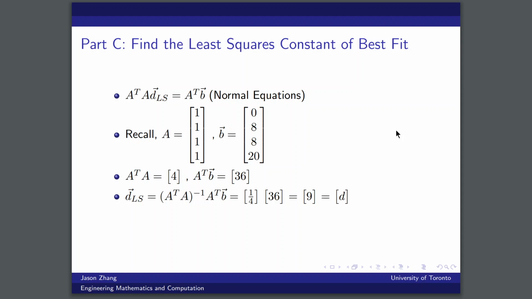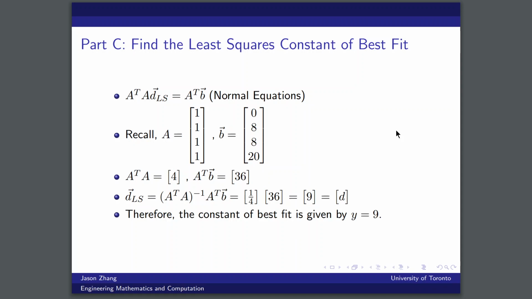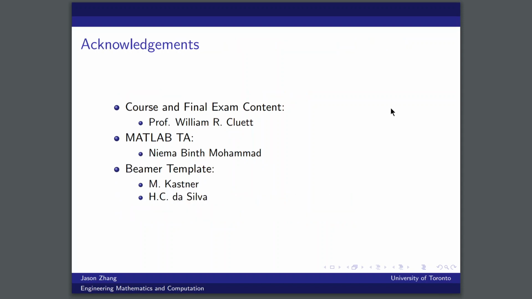And so we find that our least squares value of D is equal to 9, which means that the constant of best fit is given by y is equal to 9. And notice we could have just taken all the y values in B, summed them up, and divided by 4 because there are 4 data points. So we would be taking the mean value, and that would have given us the constant of best fit as well. But this is a more rigorous way of showing that this is the least squares estimate.